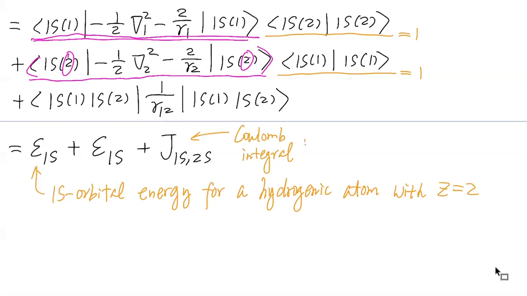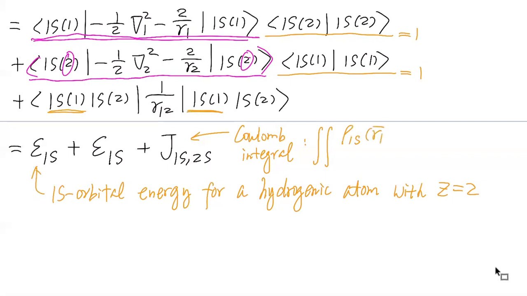If you want to write down explicitly the integral, that means you really have a double integral. The first integral is integrating over the first electron. The second integral is integrating over the second electron. And because you have 1s, this is 1s complex conjugate times 1s. And this gives you the density, the probability density of the 1s electron, right? So this is the probability density of the 1s electron.